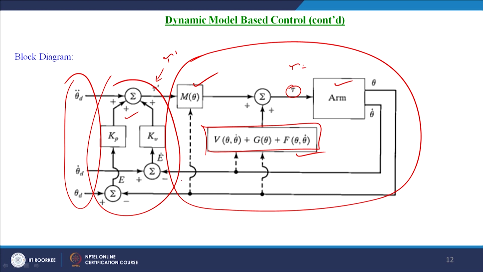Thus, this portion of the block diagram is called the model portion, and this portion is called the servo portion. Thus, it has been partitioned into servo law and the model based law, because the dynamic model is getting involved here. So, now the input here is the joint trajectories and the output here is the joint torque.